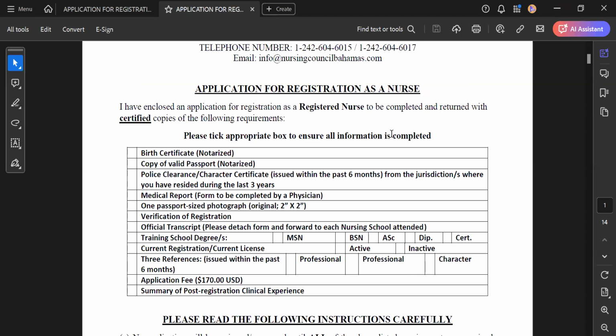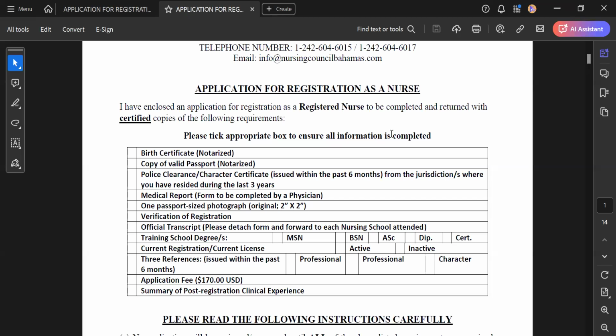Okay, is it the one on the screen now? Yes. Okay, all right. So this one, have you seen all the items that they've stated in the boxes? These are the items that you need when you want to be registered with the Nursing Council of the Bahamas. The first one is your birth certificate. Notarized means you need to notarize it, and a copy of a valid passport, you need to notarize it. The passport is your biometric, your biodata section, just a scan copy or a photocopy of it.